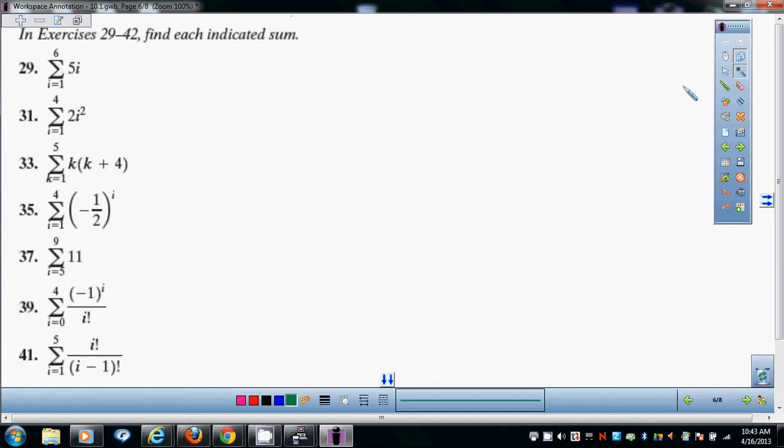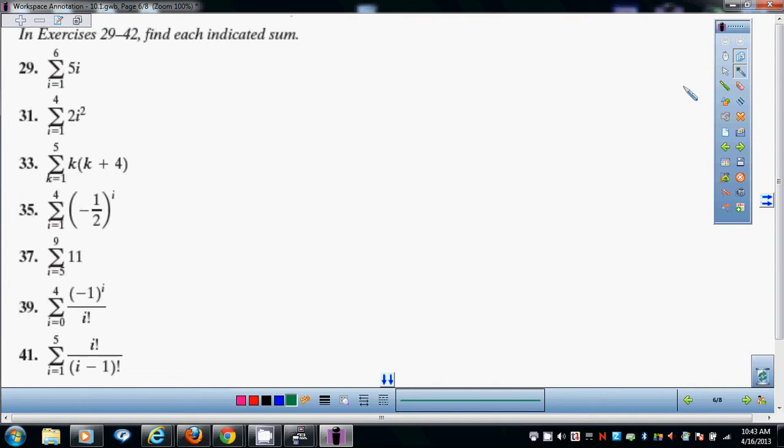Here's your formula, except it uses I instead of N. And it says go from 1 to 4. It's the first 4 terms. You're going to plug in 1, 2, 3, and stop at 4. The bottom number is where you start. Top number is where you stop. And what the E tells you to do is add them. That sigma tells you to add those together.